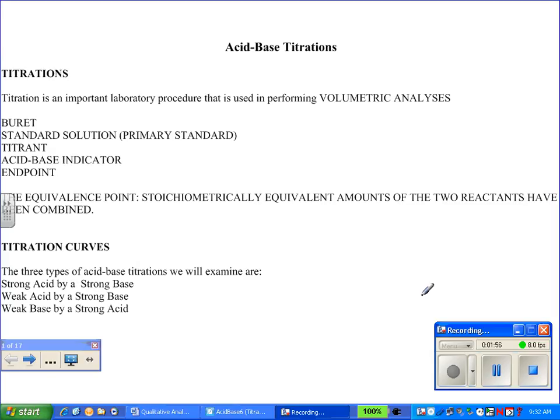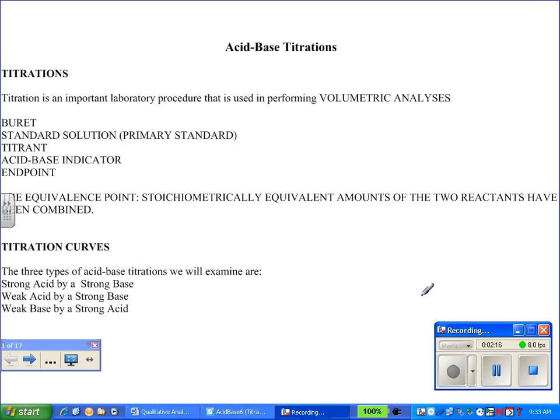You'll recall that sodium hydroxide is deliquescent, or it absorbs water, so it's really difficult to prepare a solution of known concentration of sodium hydroxide, although it's a very useful titrant, or a solution that we put in the burette in order to study acids and bases.